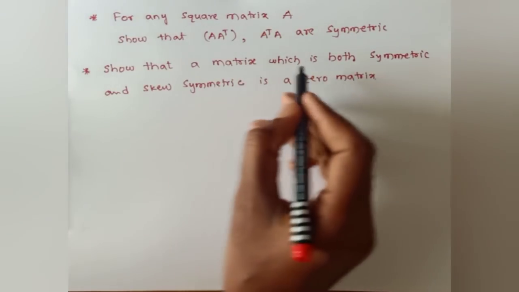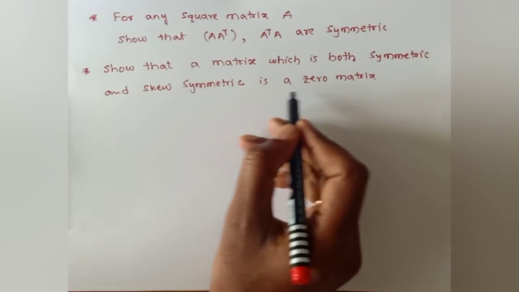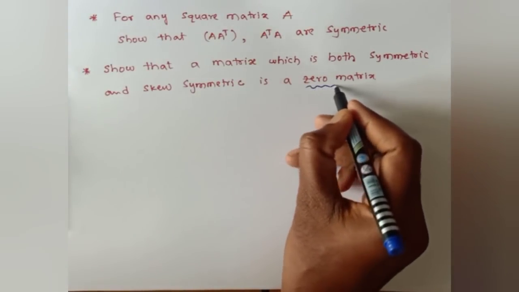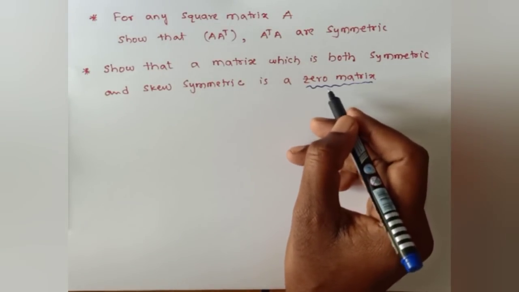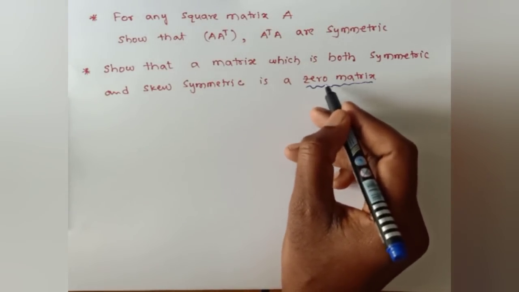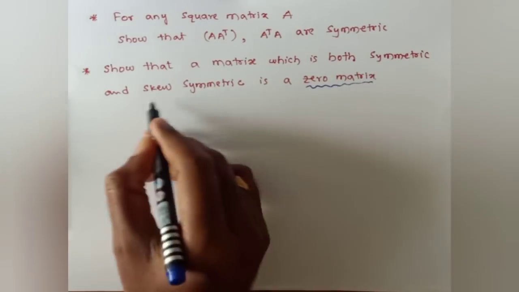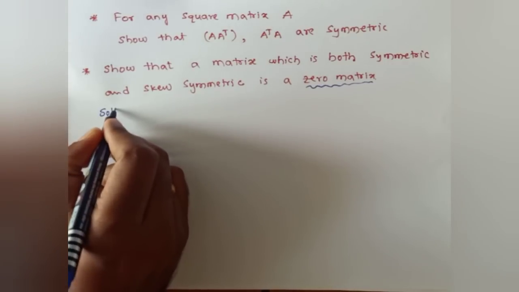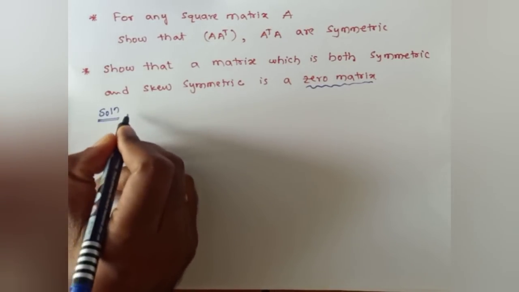Already I told this in the note: the only matrix that is both symmetric and skew symmetric is the zero matrix of order n. Now you need to show whether it is true or false.